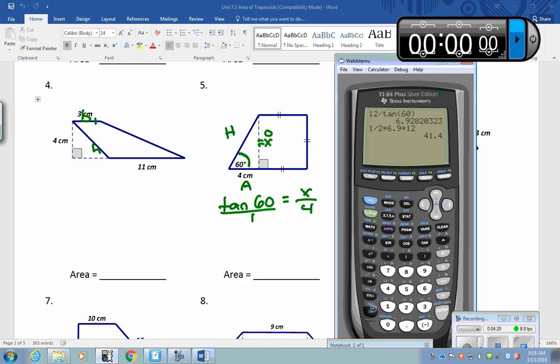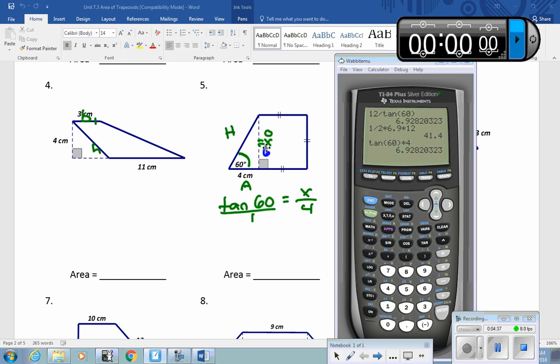I'm going to put in the calculator tangent of 60 times 4. And we end up getting, we'll call it 6.9. We're going to the nearest tenth.